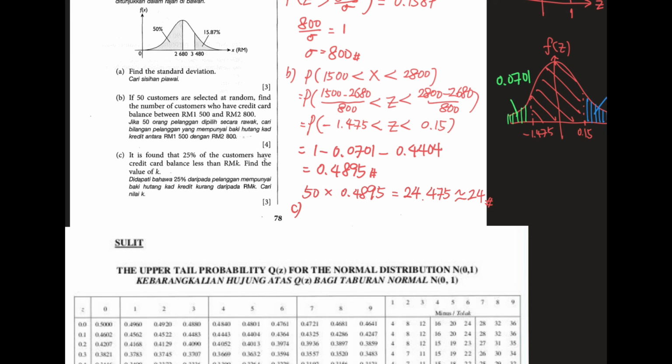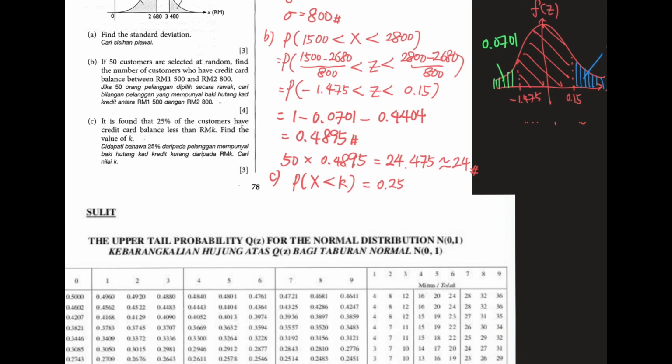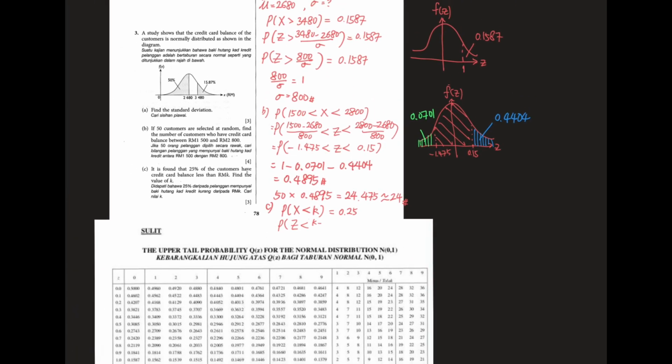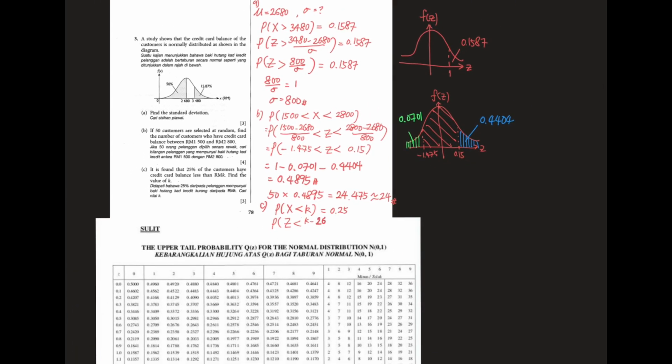Okay, so we look at part C then. It is found that 25% of the customers have credit card balance less than K. Less than K, 25%, which is 0.25. Find the value of K. So we change it to Z-score.